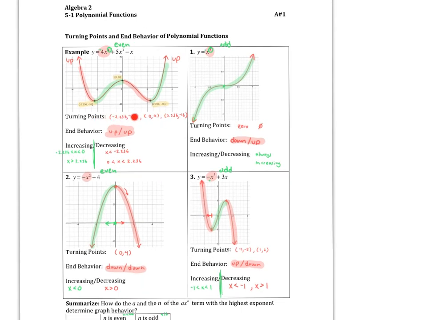What are my turning points? Notice the turning points in increasing and decreasing are exactly matched up. This has 0 turning points, so it's always going up, or if it were going the other way, always decreasing. This one is increasing in this region, and at the turning point, it's decreasing.